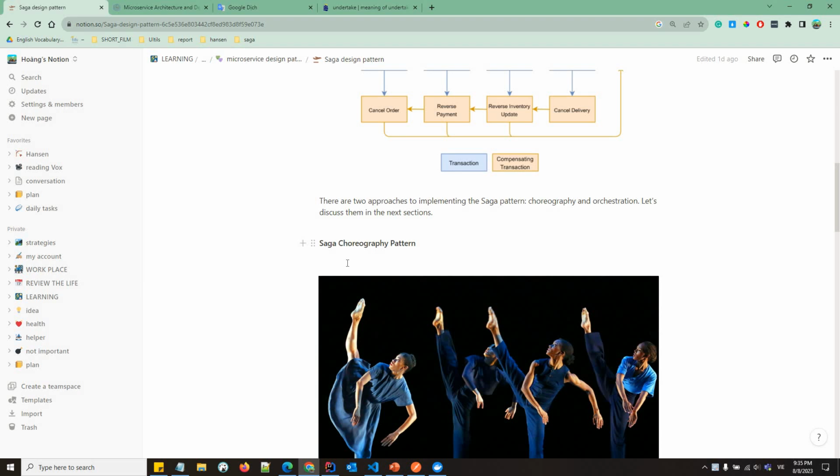The second is the choreography pattern. It means each service is one node in the transaction.